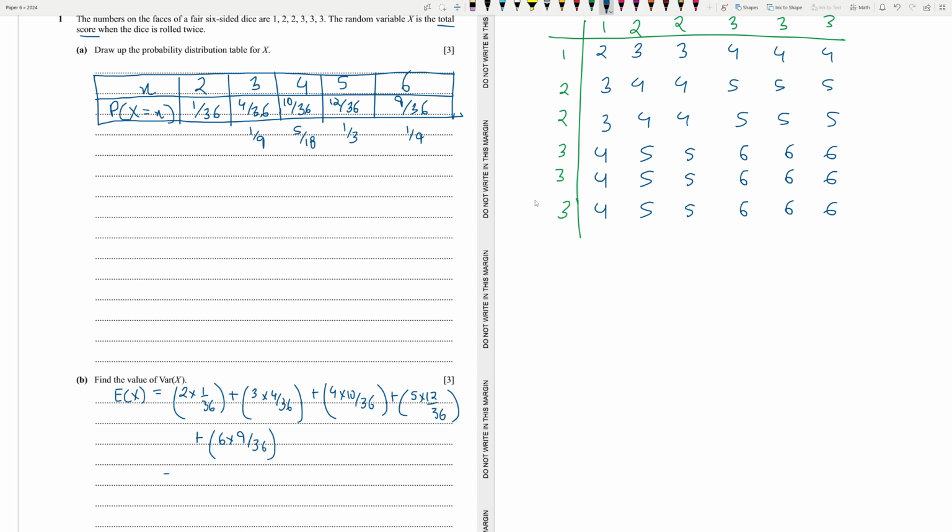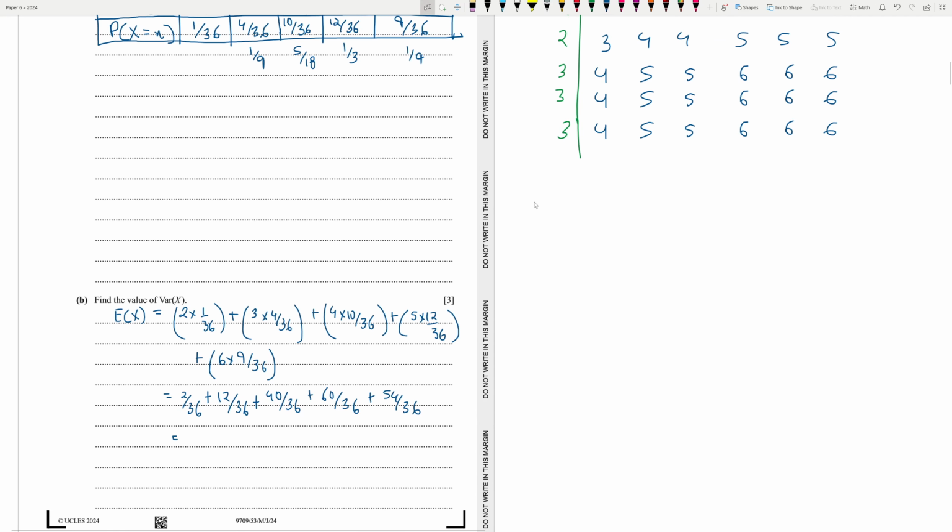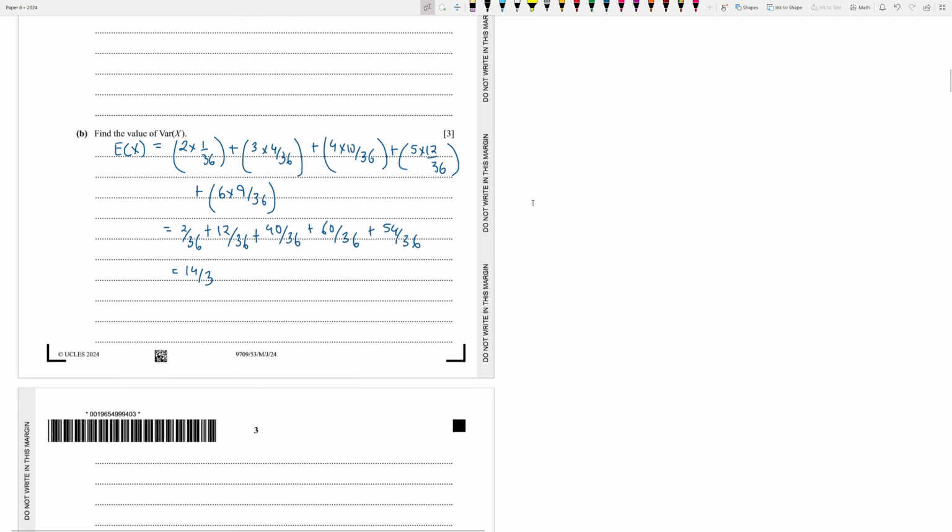Okay, so what are we getting as our final answer? It is basically 14 by 3. That is 2 by 36, 12 by 36, 40 by 36, 60 by 36, 54 by 36. Okay, so we are getting 14 by 3.